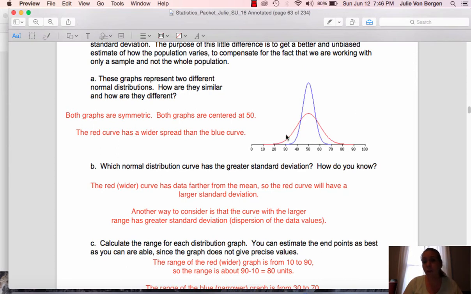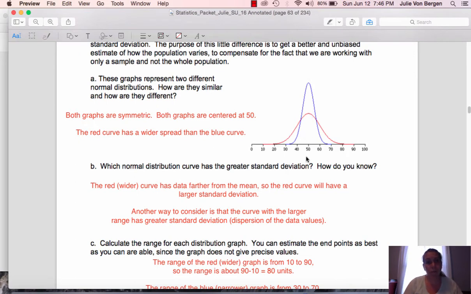The red curve, the wider curve here, has a wider spread than the blue curve. And in part C, we'll actually calculate what the range is from the lowest point to the highest point for these two graphs. But we can see it looks like if you were transitioning from the blue graph to the red graph, imagine putting your hand on top of the blue graph and pushing it down to squish into the red graph.